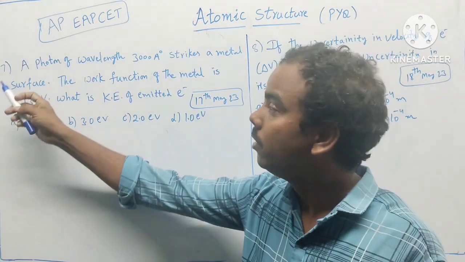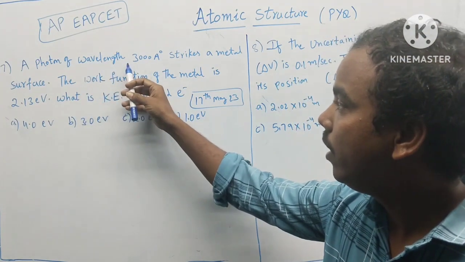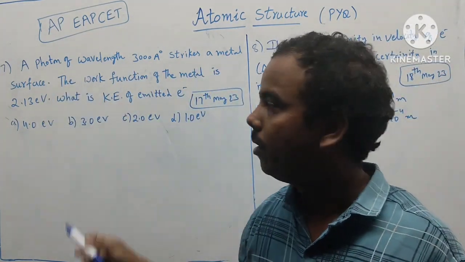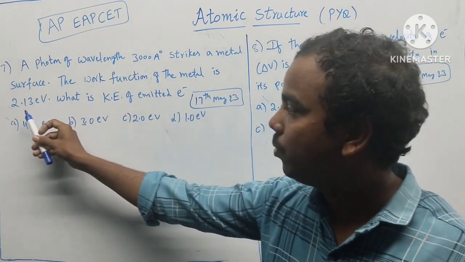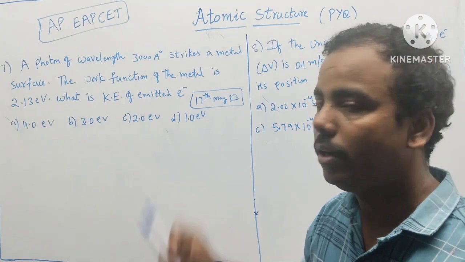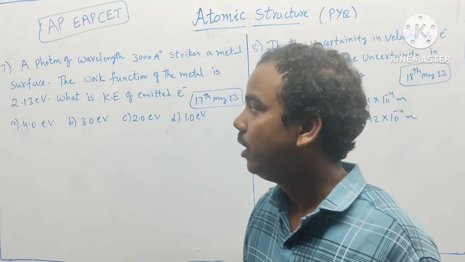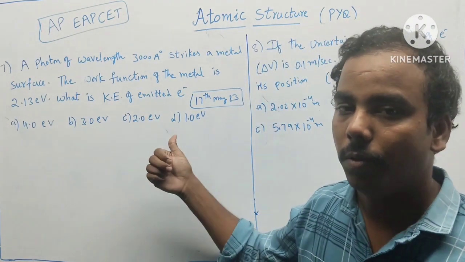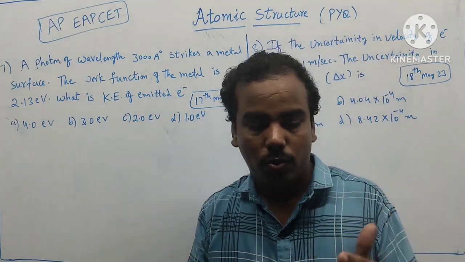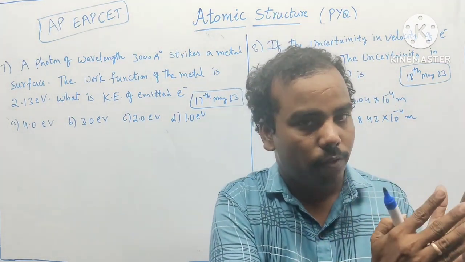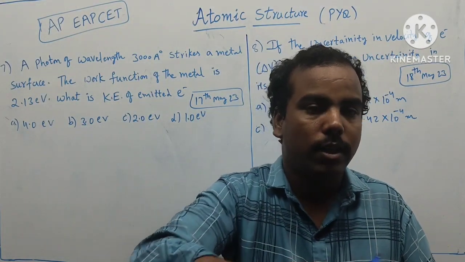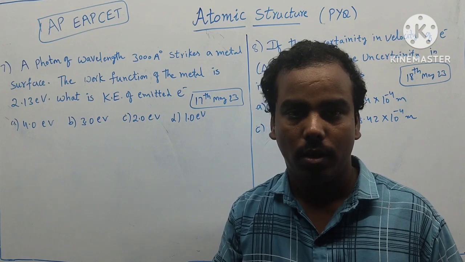Next question. A photon of wavelength 3000 angstroms strikes a metal surface. The work function of the metal is 2.13 electron volts. What is the kinetic energy of the emitted electron? So it is a photoelectric effect sum. We know that in the photoelectric effect, when light of suitable frequency hits the surface of the metal, the electron is ejected from that metal surface.